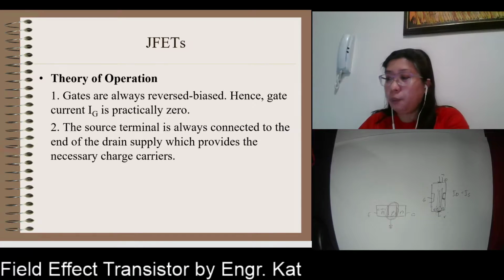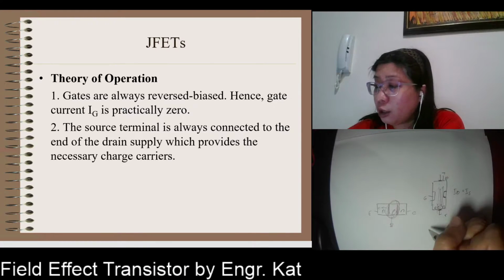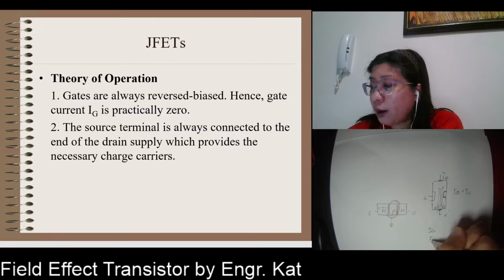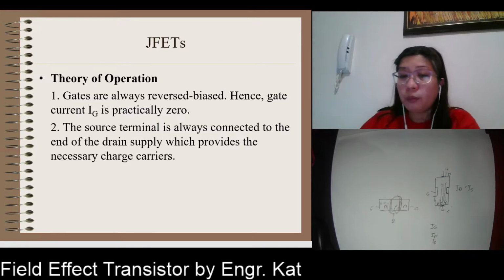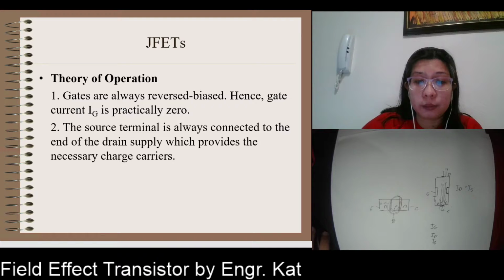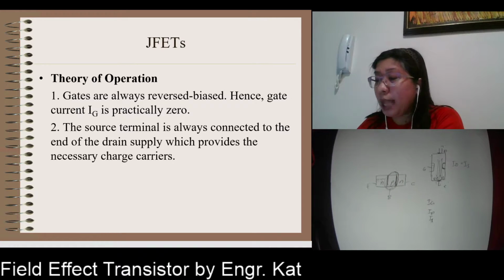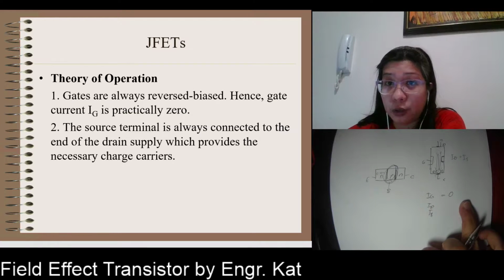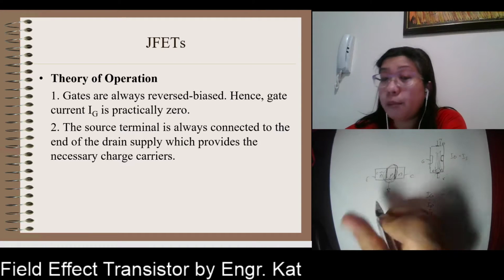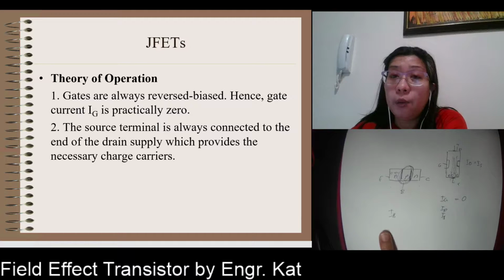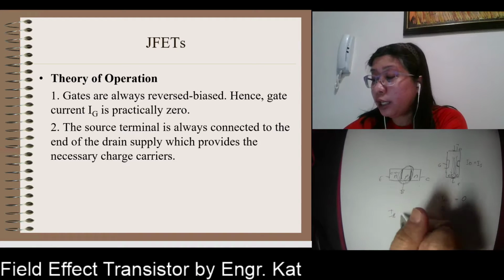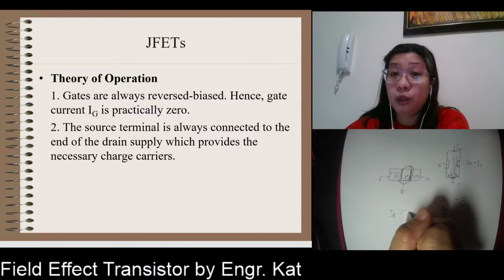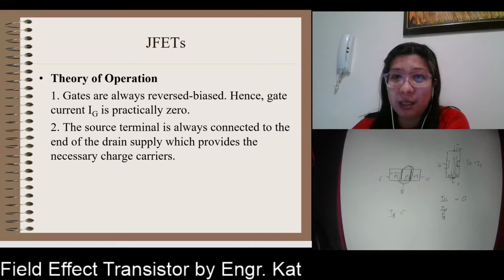So technically speaking, what are the currents involved here? You have your IG, you have your ID, and you have your IS. We're going to set your IG always equal to 0. In BJT, you still remember our base current IB is approximately equal to 0, but it is not equal to 0.